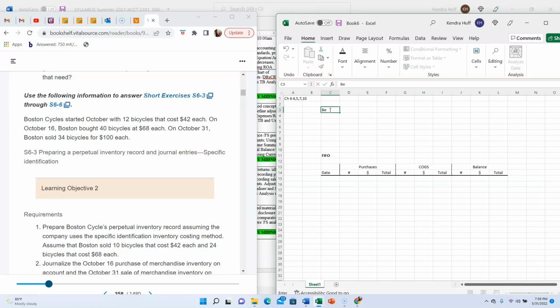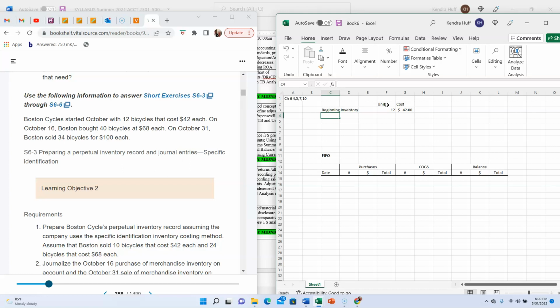All right, so we have a beginning inventory of 12 bicycles that cost $42. Let me do this so I know what's what. This is dollars. This is units. And it's their cost.